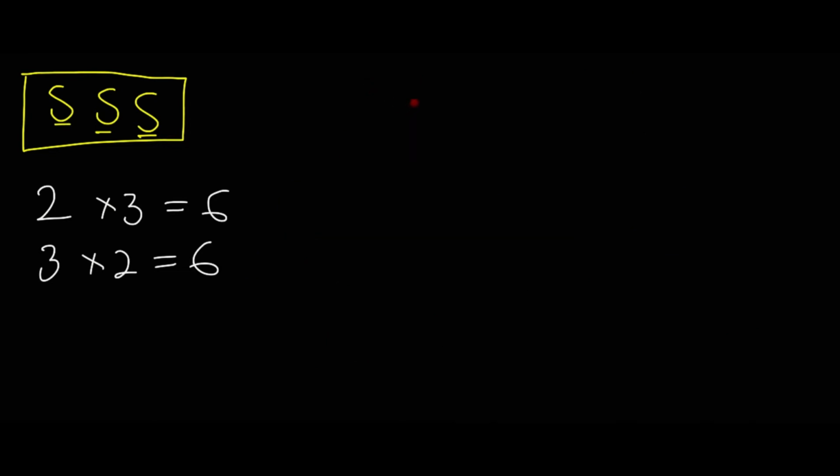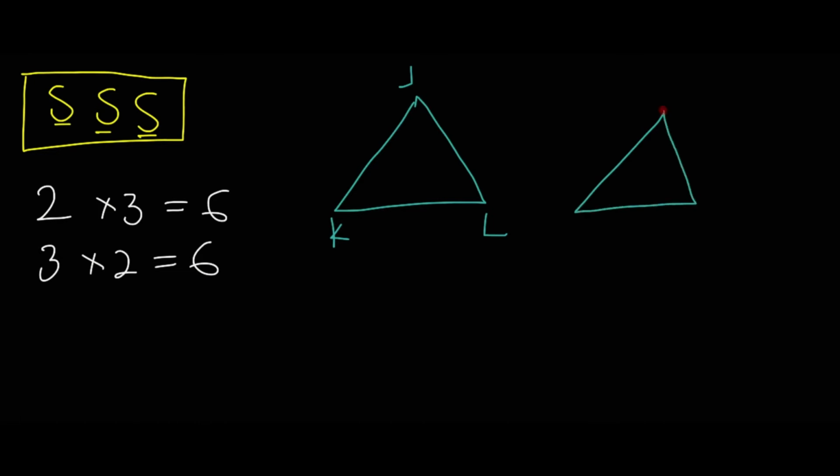Let's look at another example. Here are these two triangles, and let's say this is 7 and this is 7, this is 4 and this is 4, and this is 2 and this is 2.